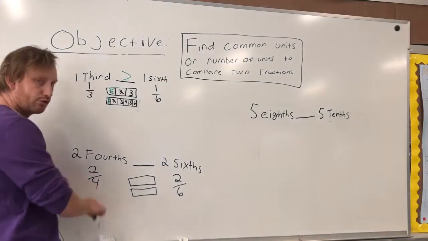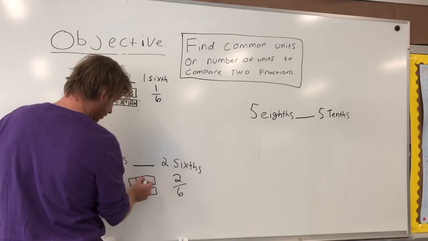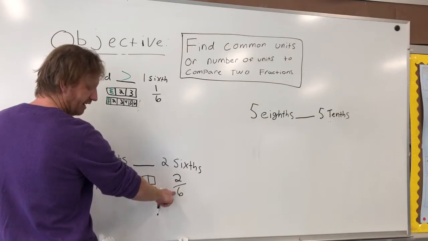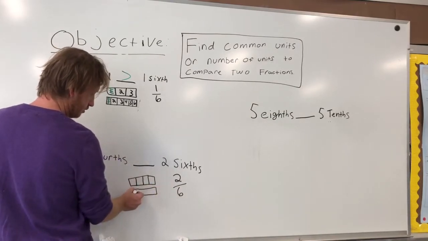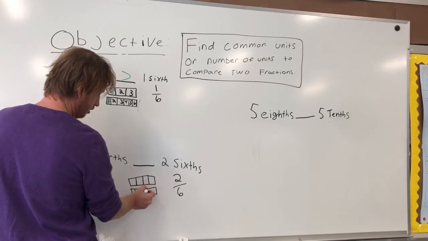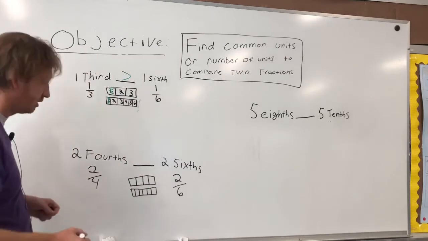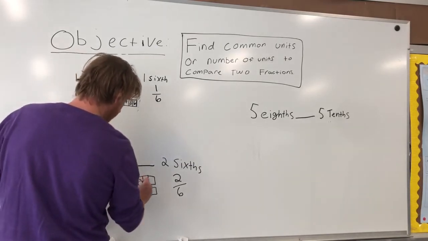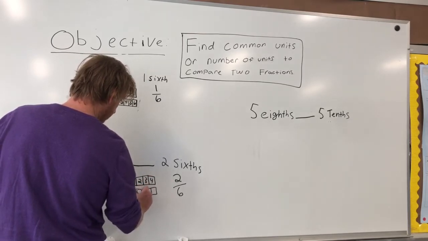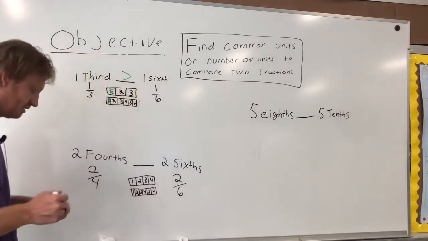The first one I'm going to break into fourths. We have 1/4, 2/4, 3/4, and 4/4, and then again sixths. So 1, 2, 3, 4, and 5. And I'll label it. 1, 2, 3, 4, 1, 2, 3, 4, 5, and 6.